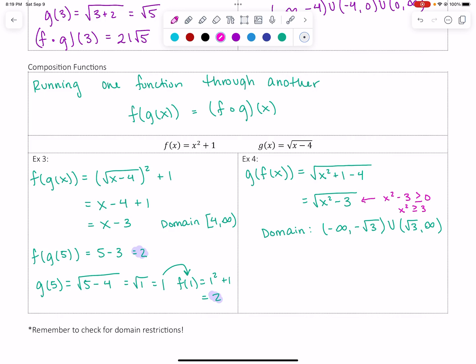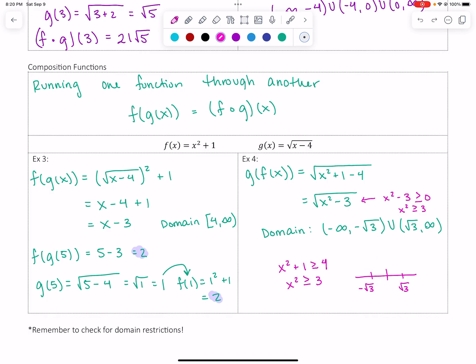The other way that you can think about it is that, hey, I know from my g of x I can only input values from 4 to infinity, meaning that I could say x squared plus 1 is greater than or equal to 4, and you end up getting the same inequality here. x squared is greater than or equal to 3, and you can think about that on your number line, and we have negative square root 3, positive square root 3 with your parabola.